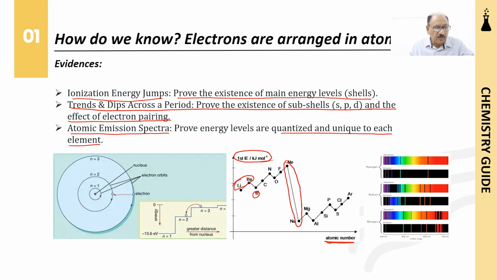So electrons revolving around the nucleus are in fixed orbitals. For example, this is the nitrogen spectrum, sodium spectrum, hydrogen spectrum. This spectrum is also proof that the electrons are arranged in atoms.